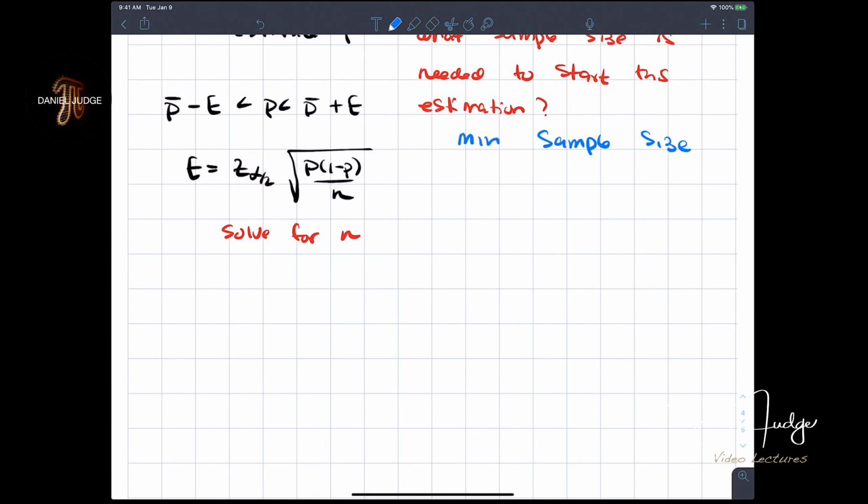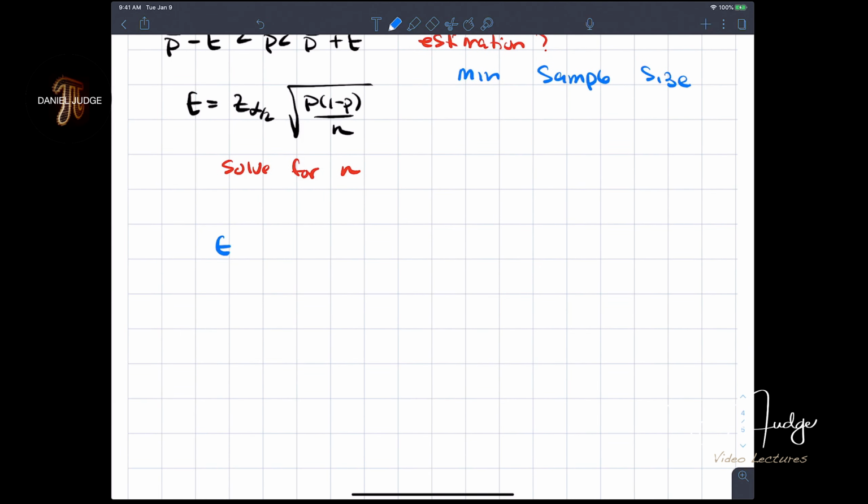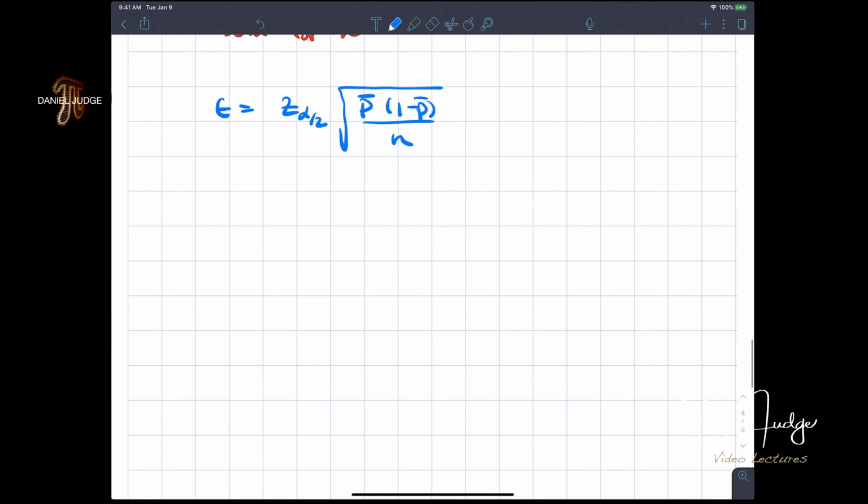And so I start here with Z alpha over 2 square root P 1 minus P, and that's sample proportion, by the way. P 1 minus P, and this is over N. So we're going to solve for N using algebra. So what I'm going to do again now is divide both sides by Z alpha over 2.